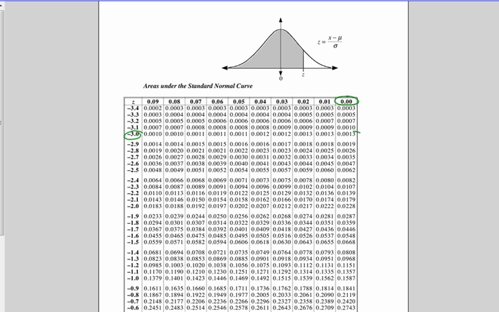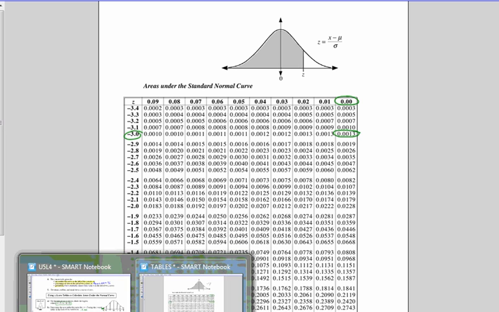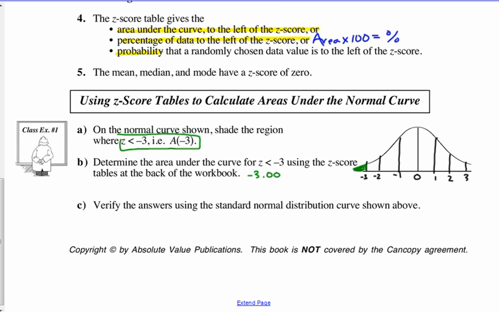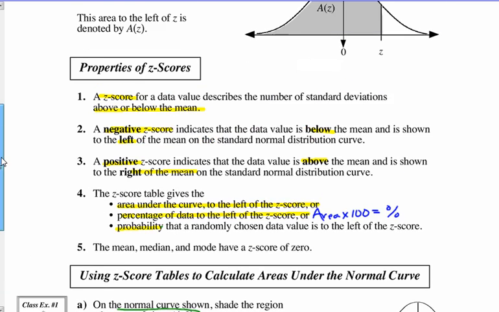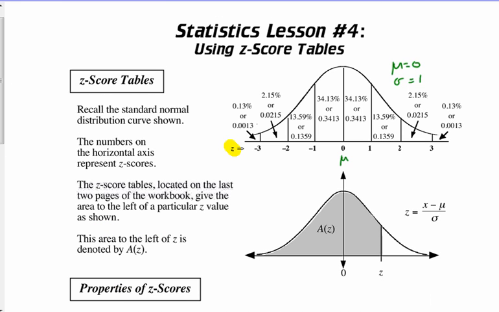Here we can find 0.0013. So the area, the probability, is 0.0013. Verify your answer using the standard normal curve above. Notice how on our curve above, less than -3 was 0.0013 or 0.13%.